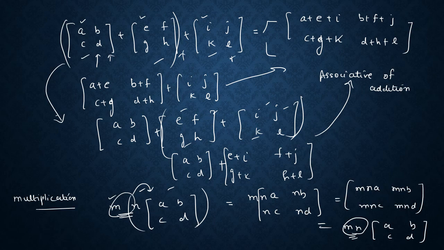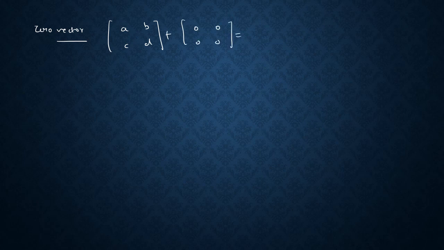If you talk about the zero vector, another property is the zero vector. So for the zero vector, you have a 2 by 2 matrix. You are adding it with the zero matrix, and you are simply getting the main matrix only, which is a 2 by 2 matrix.